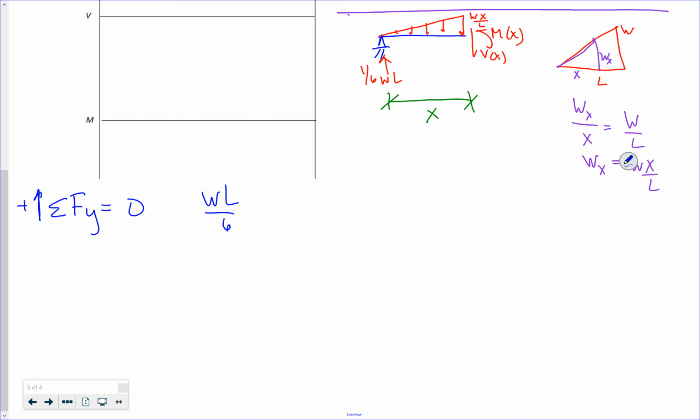Acting down, I'm going to take that triangular load, make a resultant, so 1/2 times WX over L times a distance X, right? The base X, the height WX over L. And I have my shear function.